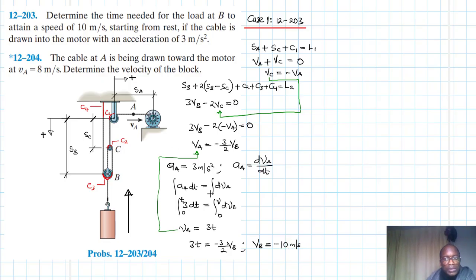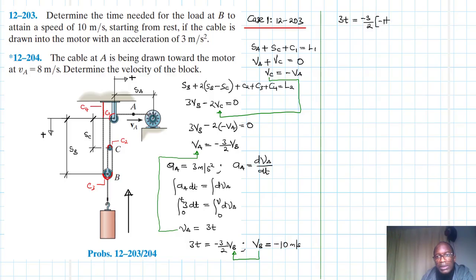So we replace this here, and once we do so, we are going to have 3t equal to minus 3 over 2 times minus 10.